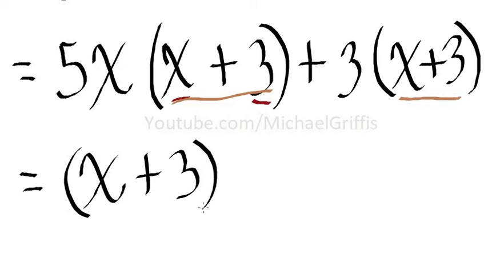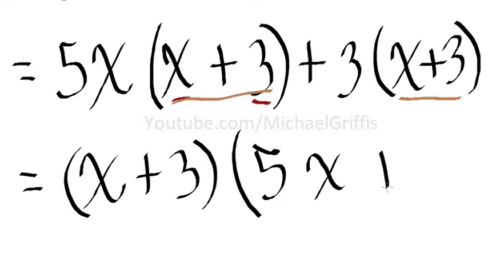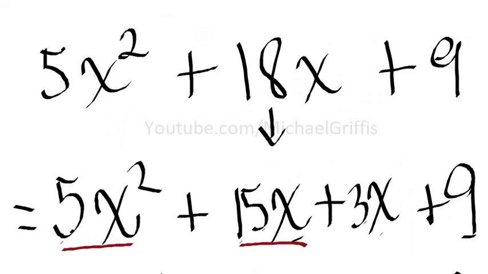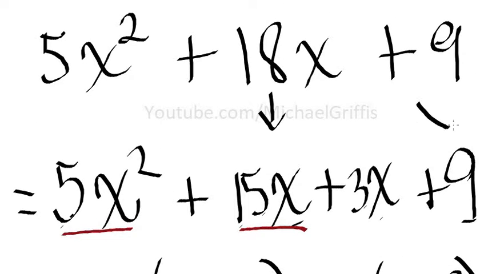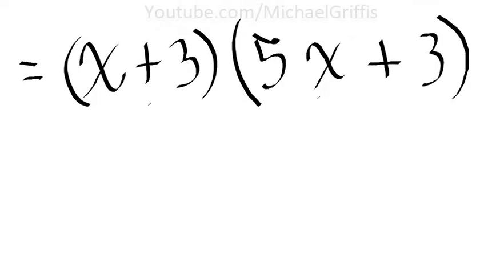Remember, always put parentheses around everything. So we're left with a 5x plus 3. Okay? Completely factored. Now, if you multiply this stuff out, like you should to check your work, you better be getting that once you simplify.